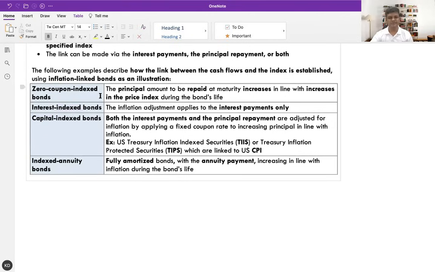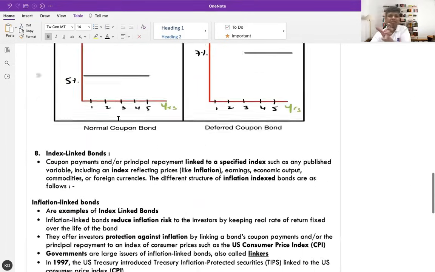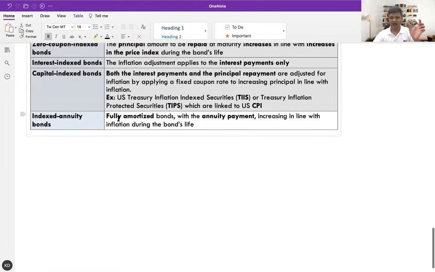Yes. Right? Now, what is an amortizing bond? In an amortizing bond, every year you pay some equated installment. So in an index annuity bond, your installment money, which is principal and interest both, will change with inflation. So this year you may pay more installment, next year you may pay less installment. It's not going to be constant, but will keep on changing with respect to inflation.